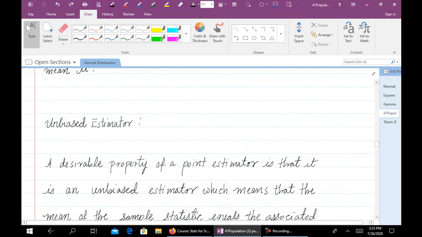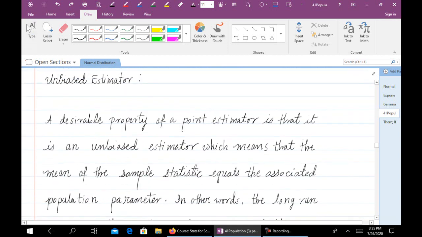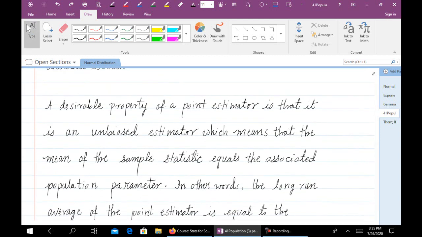Now, the unbiased estimator. A desirable property of a point estimator is that it is unbiased. It is an unbiased estimator. What that means is that the mean or the expectation of the sample statistic equals the associated population parameter.